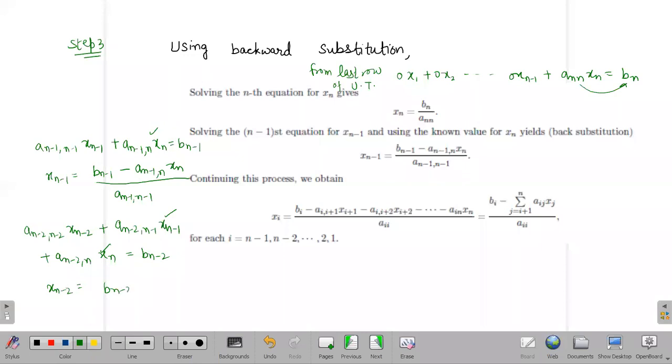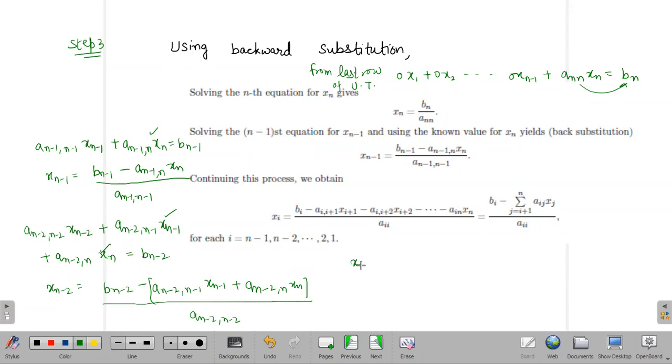So it will be b(n-2) minus a(n-2,n-1) x(n-1) plus a(n-2,n) xn, divided by a(n-2,n-2). So this way you will find x(n-2). So can you write in general? We got x(n-1) and x(n-2).